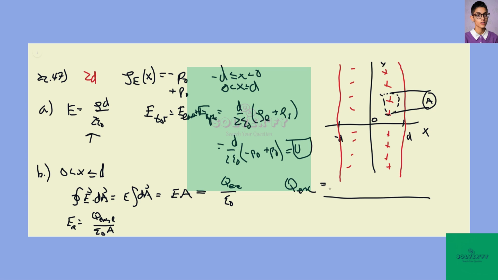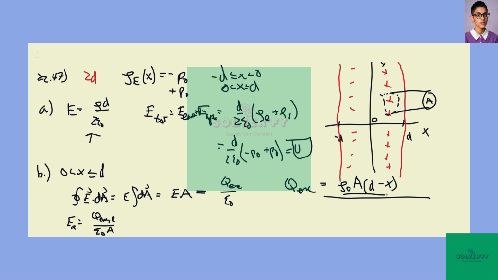So Q enclosed is given by the volume charge density, which we multiply by the cross-sectional area of our Gaussian surface, which is A, and how thick this is, and that's going to be given by d minus x.